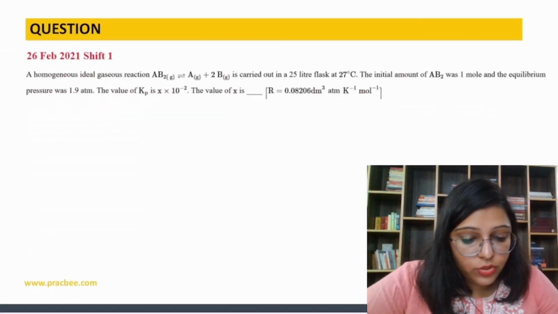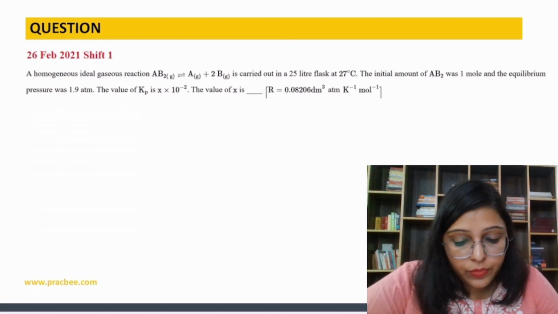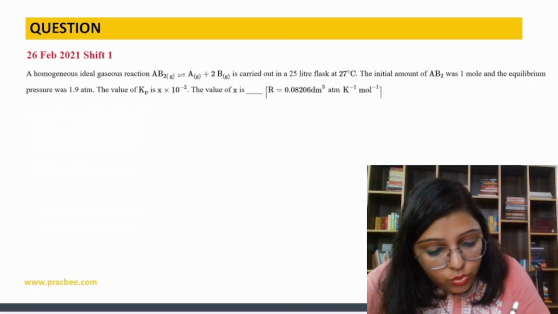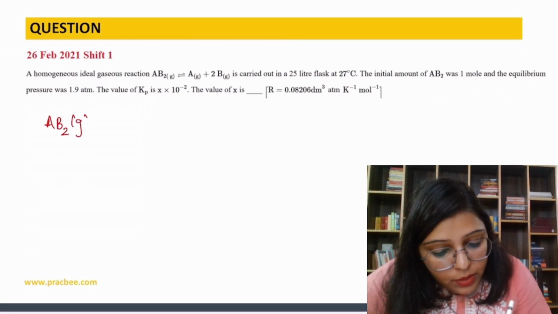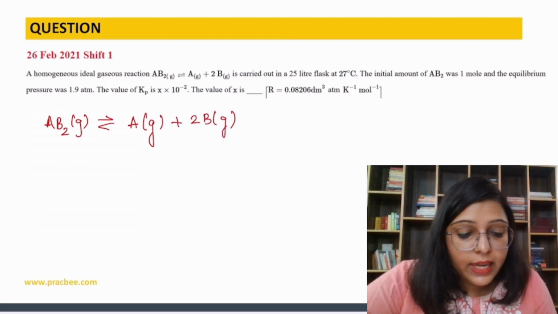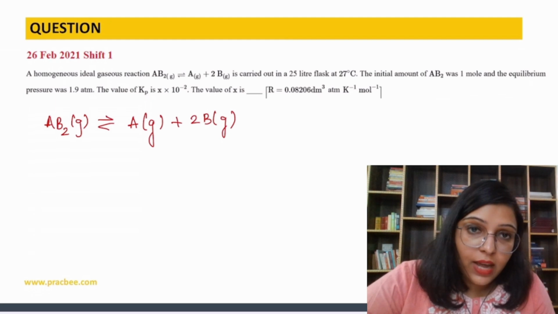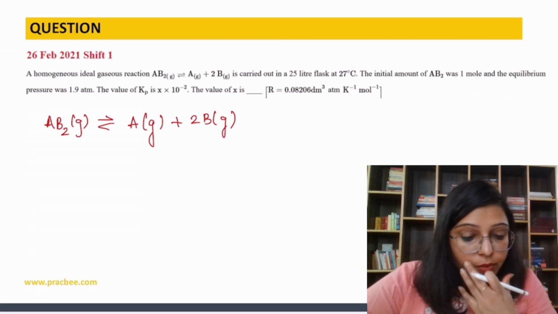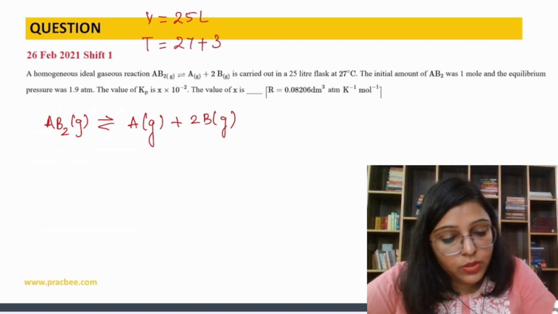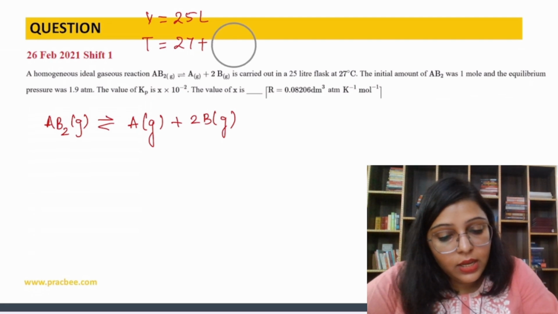Now let's do the next question. A homogeneous ideal gas reaction, AB2 gas in equilibrium with A gas and 2B gas, is carried out in a 25 liter flask at 27 degrees Celsius. Volume is 25 liter and temperature is 27 plus 273, equal to 300 Kelvin.